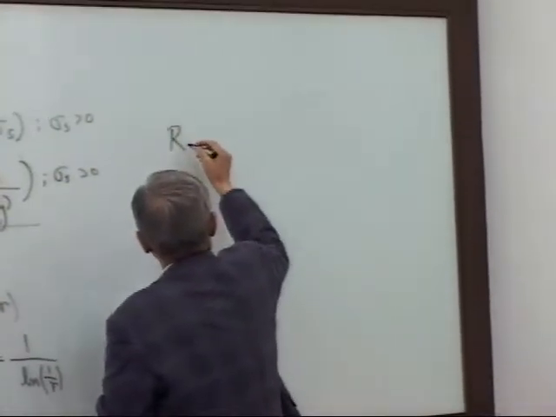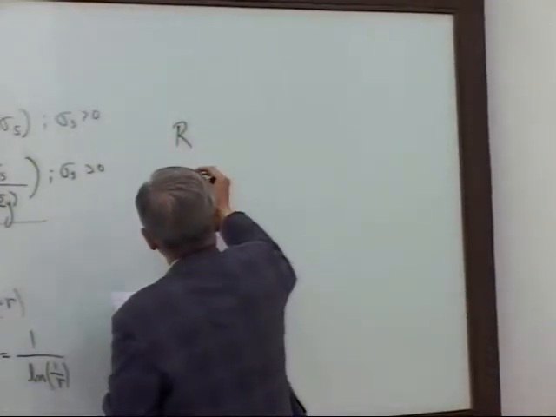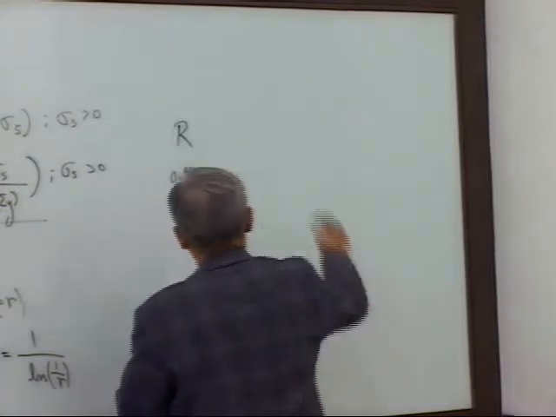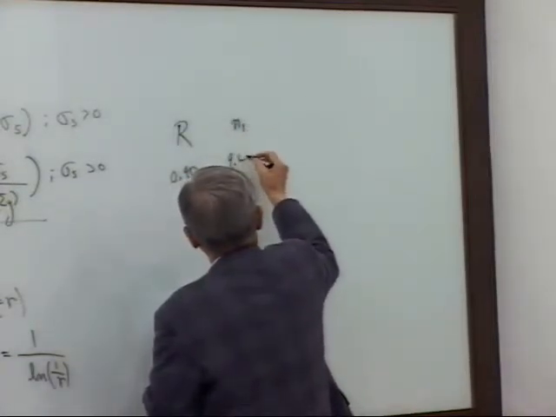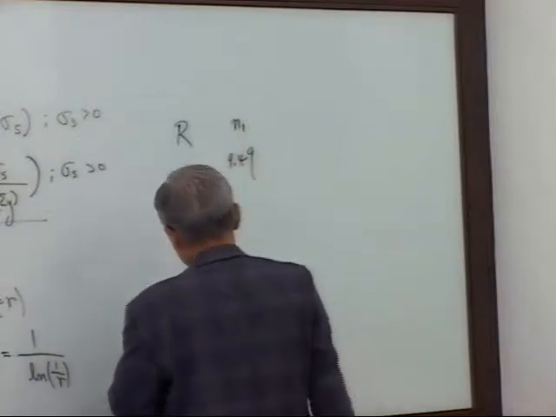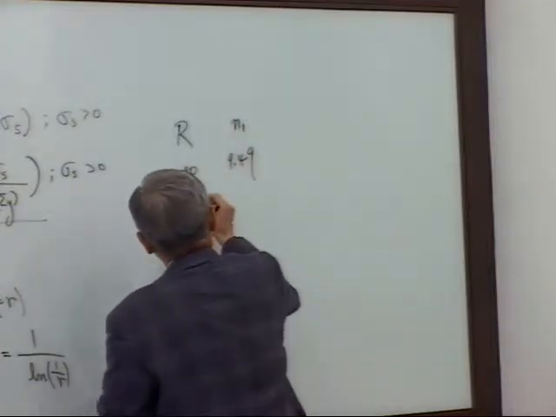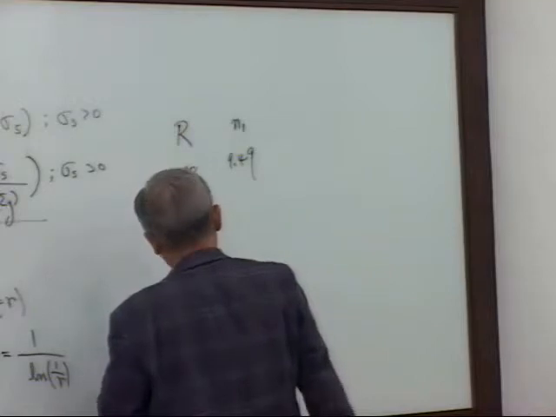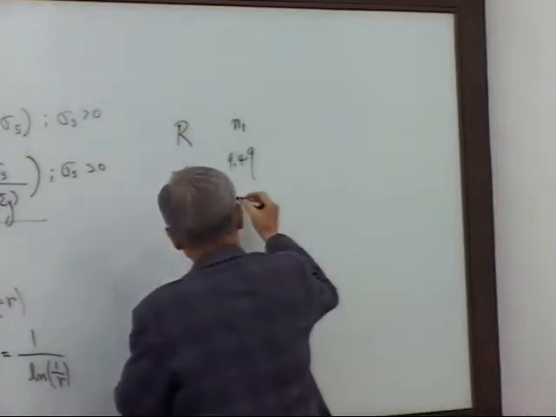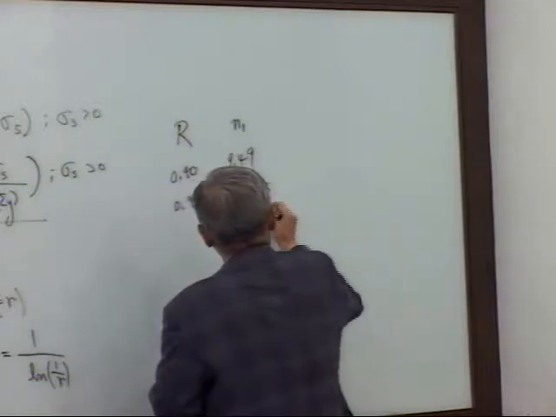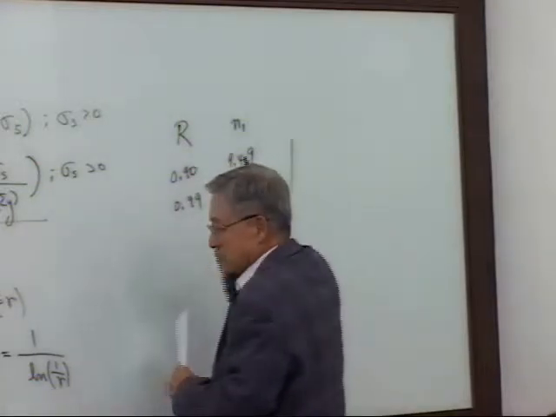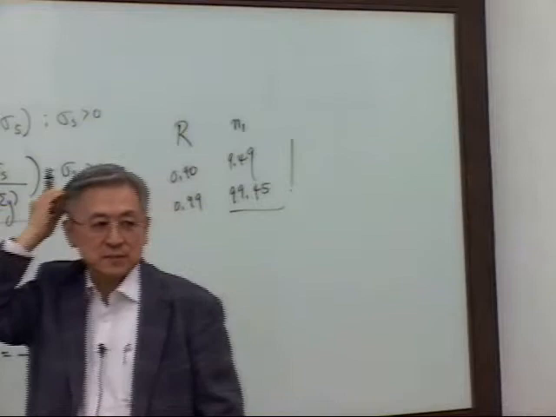So if you compute, let's say, 90% reliability, N1 is 9.49. For 99% reliability, this comes out as 99.45. Stupid dumb, isn't it?